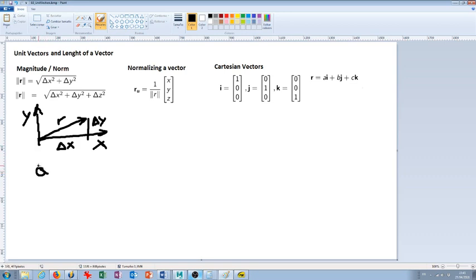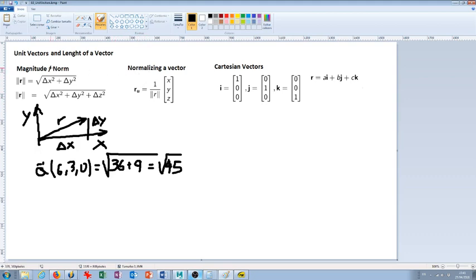So if I have my vector A, that is 6, 3, 0, I can calculate its module by the square root of 6 to the power of 2, that is 36, plus 3 to the power of 2, that is 9. It is 45. Okay, so we have calculated the length of a vector, and this is useful for normalizing a vector.